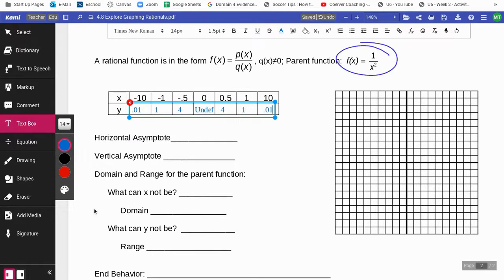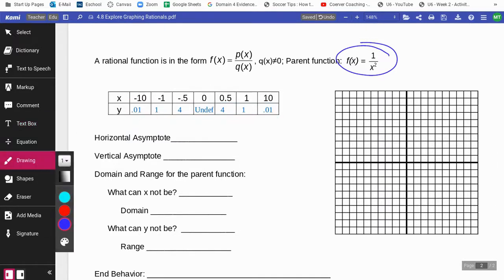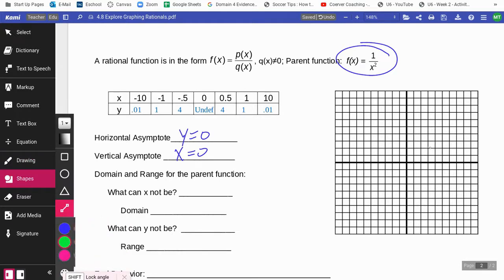Again, I start with my VA and HA. So this is x equals 0 still, y equals 0. That didn't change, right? So if I went ahead and drew those two lines, here's my VA, and here is my HA.